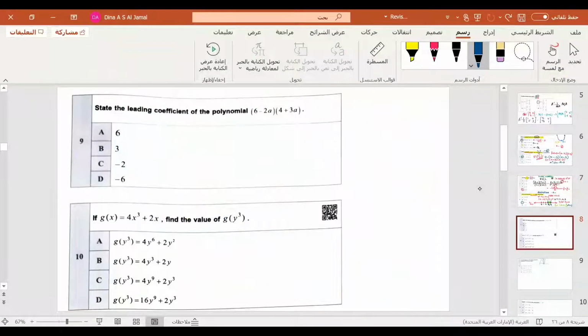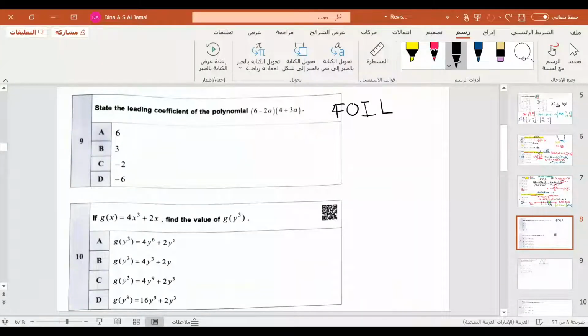Let's go to this question. State the leading coefficient of this polynomial. You cannot find the leading coefficient until you use the FOIL method and get the quadratic function.